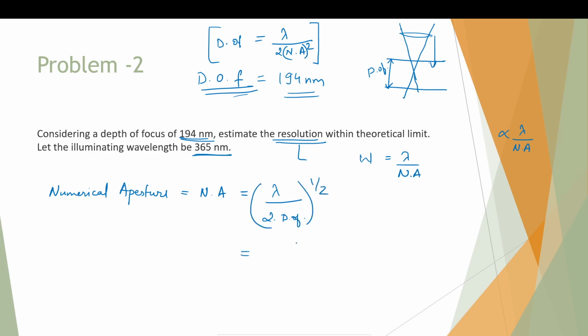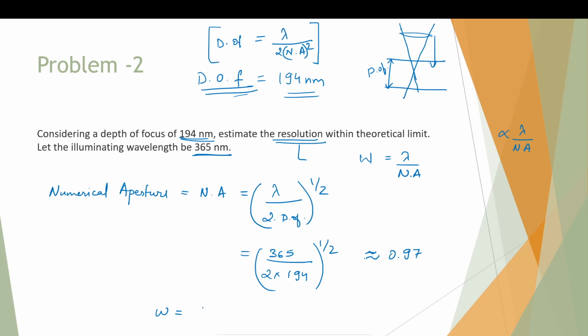It is just a matter of formula substitution now, and we can get 365 upon 2 times 194, and that will come out to be somewhere around 0.97. If this is 0.97, then what will be my resolution?